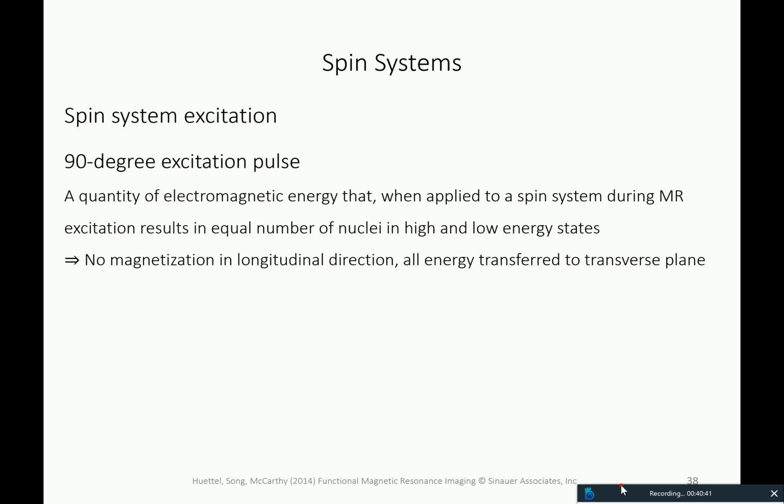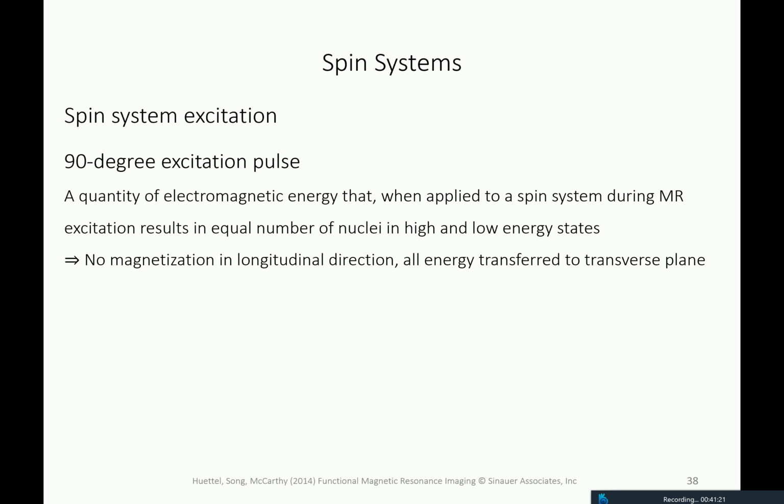Good. Maybe this is the last thing: depending on how strong and how long one turns on this radio frequency or oscillating magnetic field, one can perturb the net magnetization vector and tilt it more or less. And this is what you will also read in fMRI papers. They always say flip angle 90 degrees or 80 degrees or something. This refers to how much the net magnetization vector is tilted by means of the radio frequency pulse.